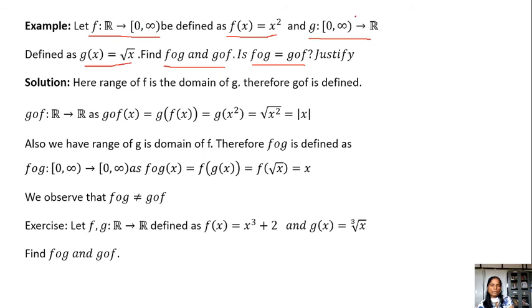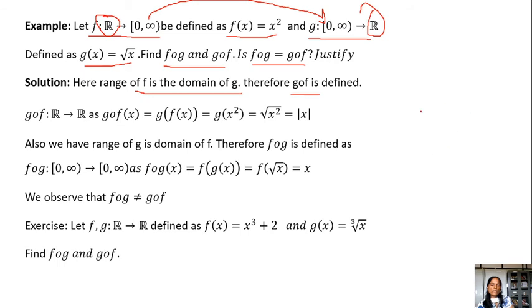Here, range of f is contained in the domain of g, and therefore g composite f is defined.